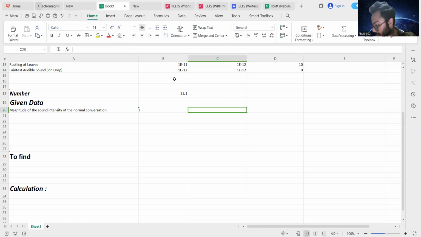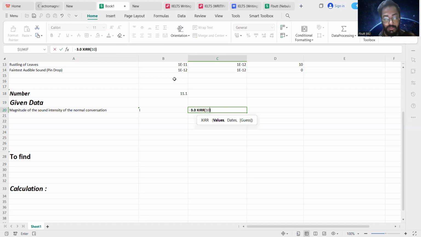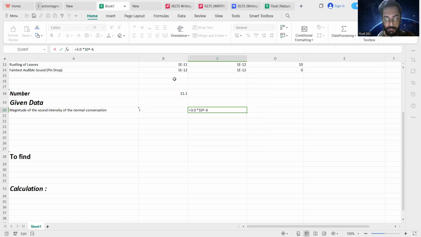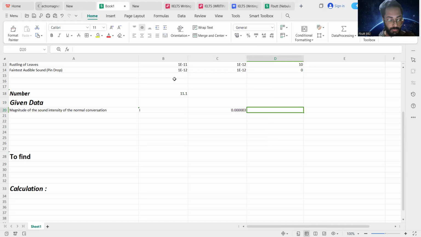It is about 3 multiplied by 10 raised to the power minus 6 watt per meter square.